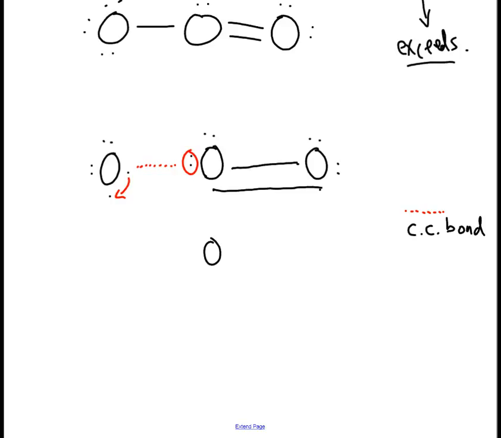And then if you redraw it, you would have the 2 original non-bonded pairs, and now we have a third non-bonded pair, because this oxygen atom is not really contributing any electrons to the shared pair, but it's still sharing those 2 that came from the second oxygen atom.